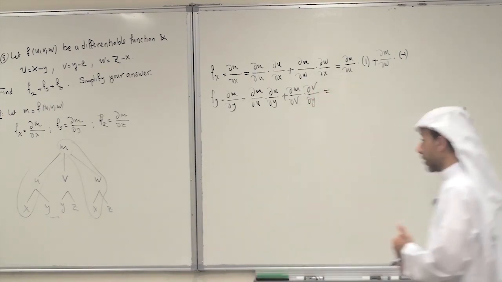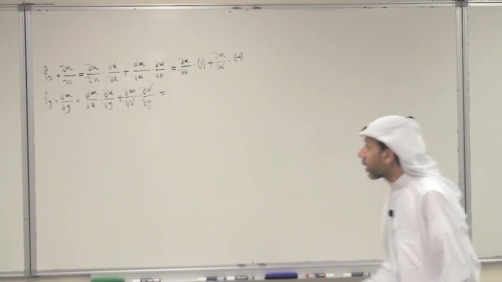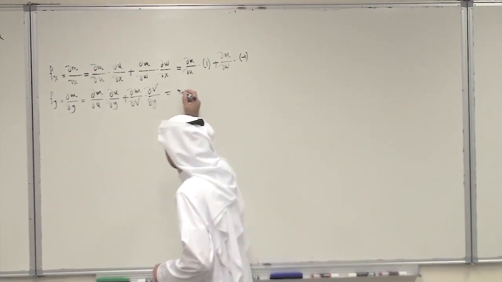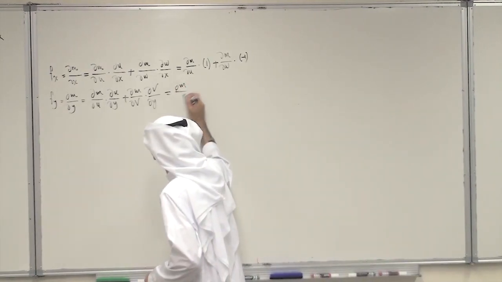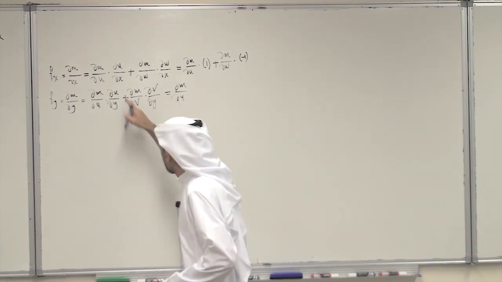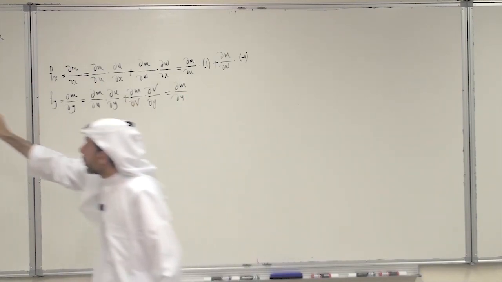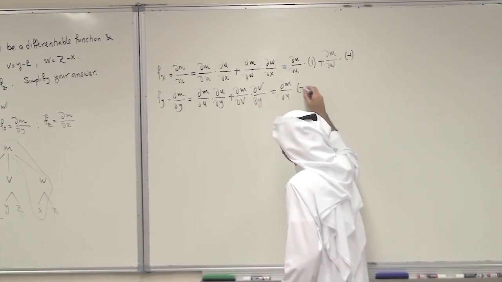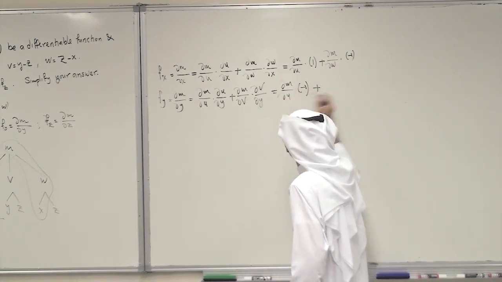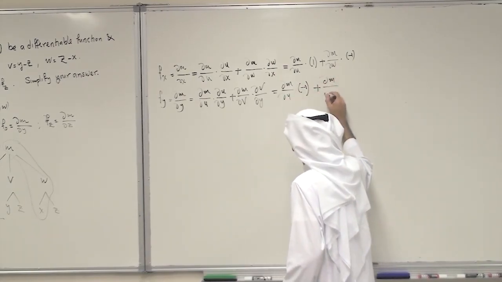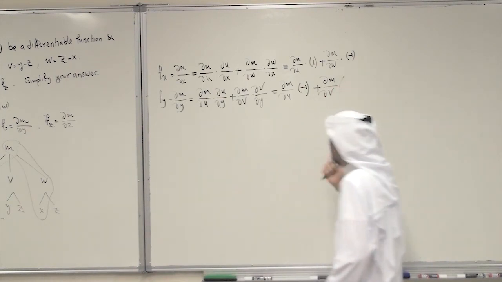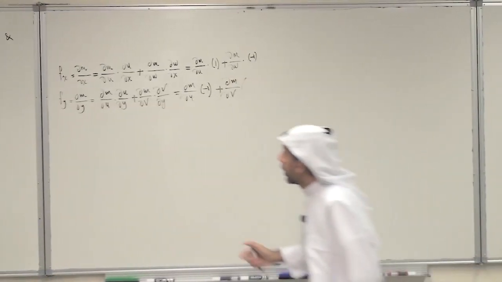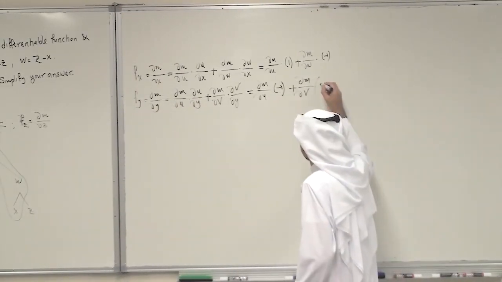Just like the previous case, so this is partial m, partial u, partial u, partial y, this is just minus 1, plus partial m, partial v, times partial v, partial y, this is just 1.